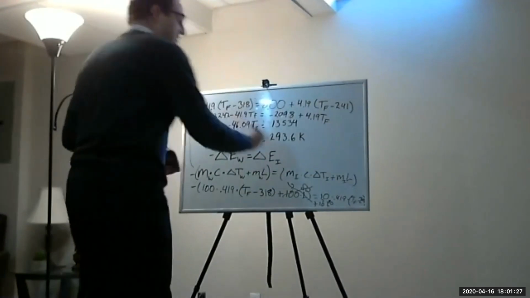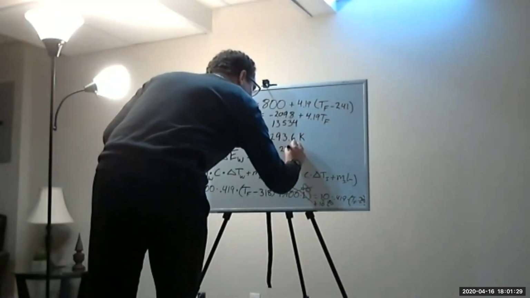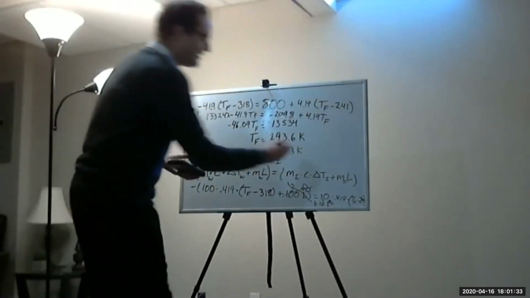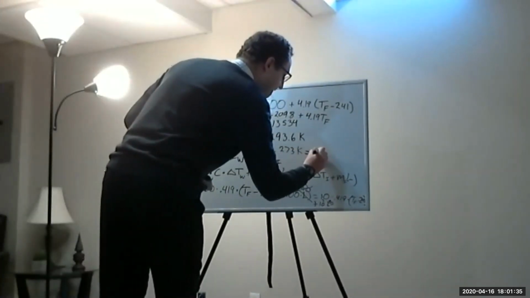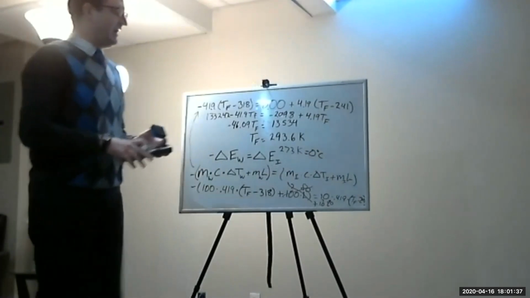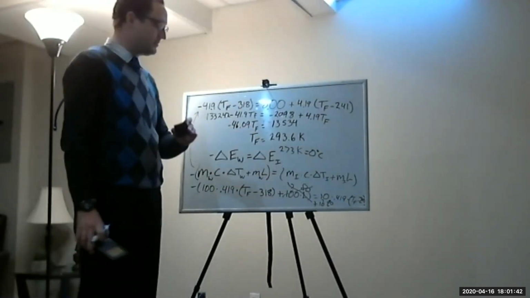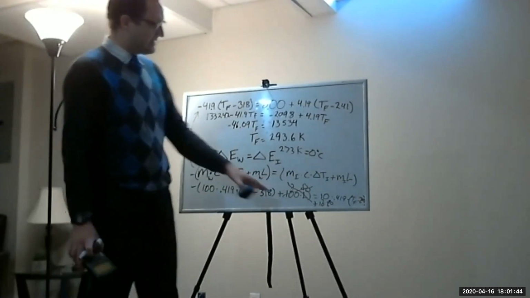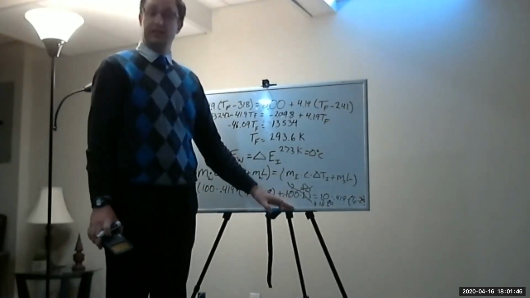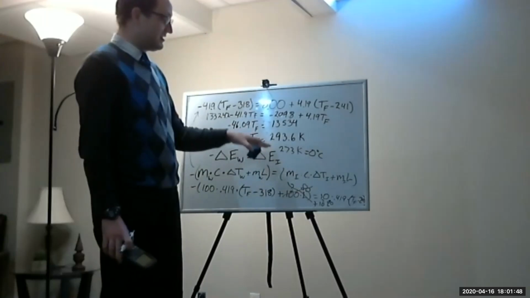Now, because this is bigger than 273, which I suggested it would be, which was freezing, I know that all of my ice melted, like what I expected. I know that the temperature of my ice increased substantially.